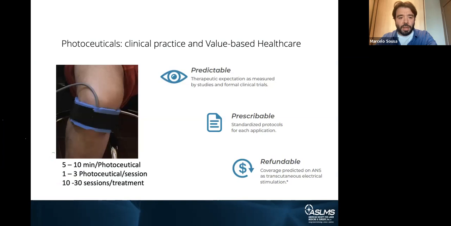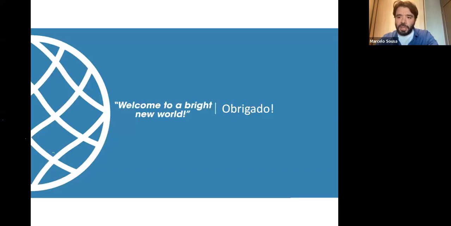So guys, I really believe that quantum biology will be connected with the next steps of photoceuticals, to increase the predictability of how the photons will be absorbed, and the predictability of the type of substances that will be produced. So that was the reason that I connected with quantum biology, the quantum bit. So that was what I prepared. Thank you very much for your attention.